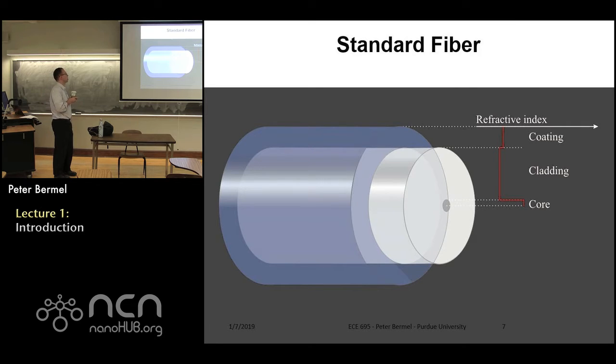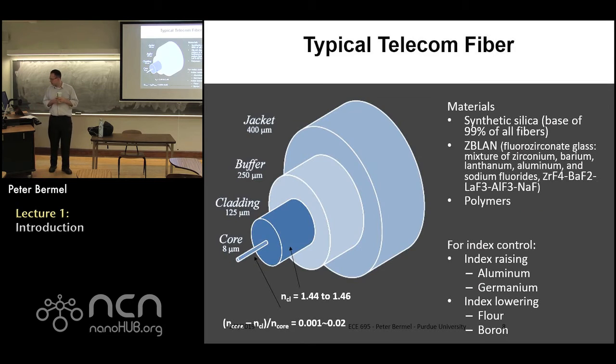Yes, and so why is it the highest index? Right, exactly. Using the high index allows for index guiding of the optical beam in the middle of the core. Typically this core would have a slightly higher index than the cladding.